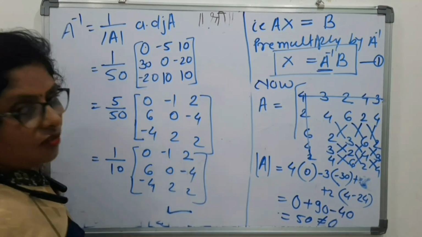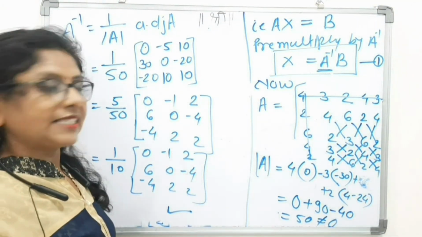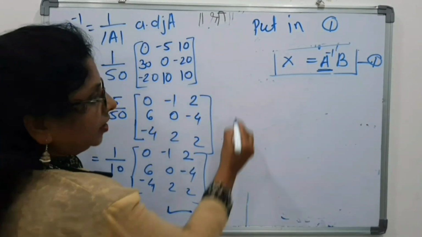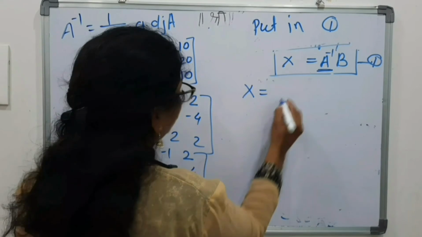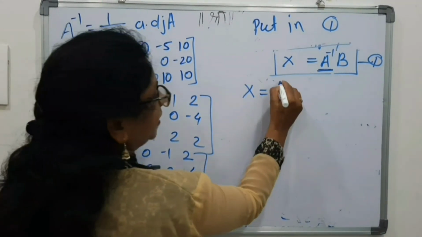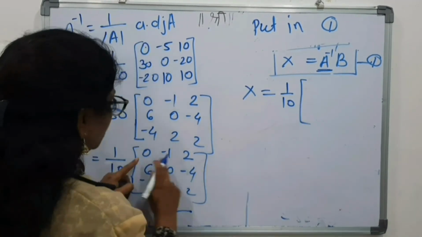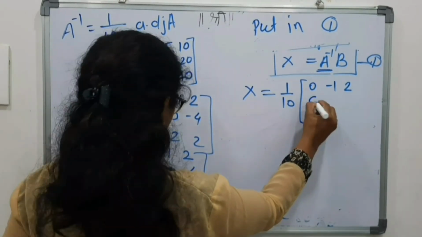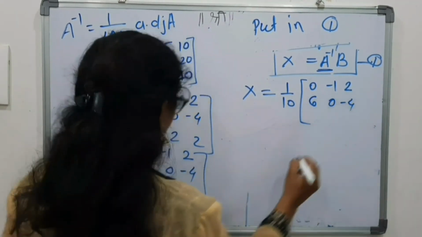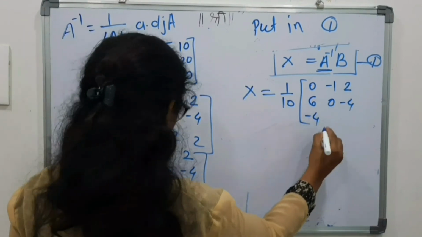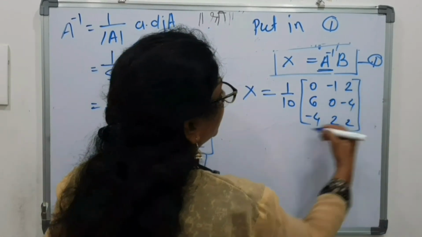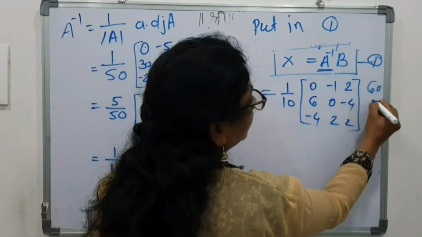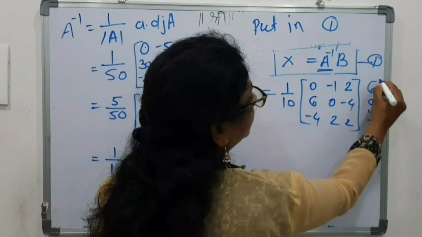This is the inverse of our coefficient matrix A. This was your equation 1. Now X equals A inverse B. Put this 1 by 10, 0, minus 1, 2, 6, 0, minus 4, 2, 2, into the constant matrix. What was that? 60, 90 and 70.